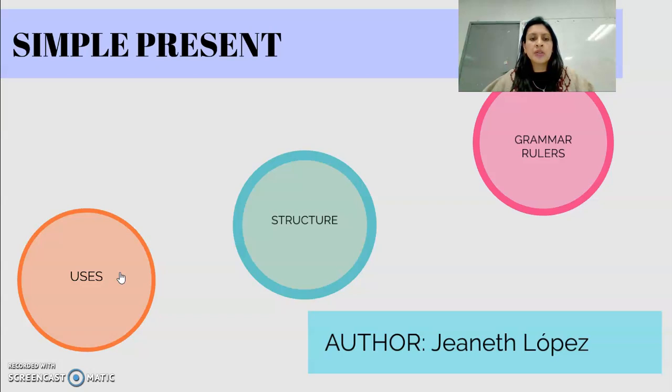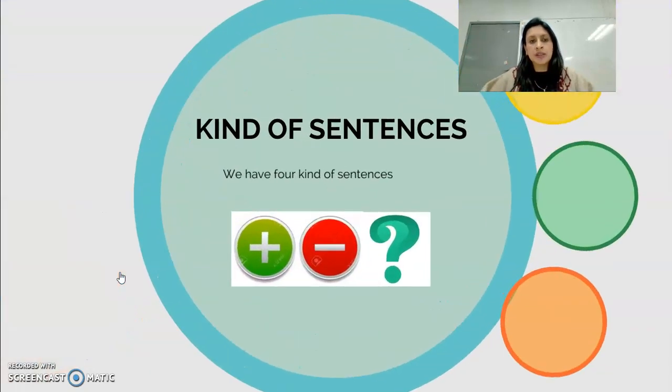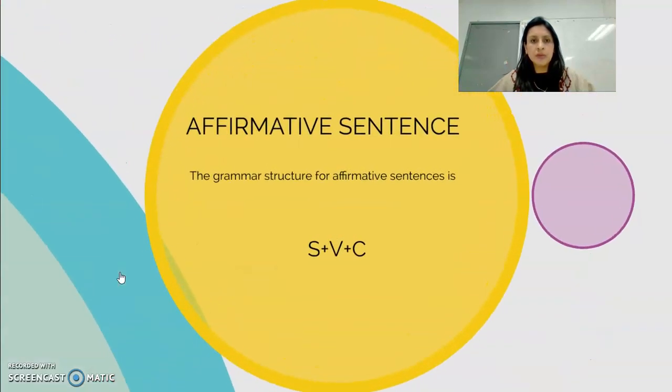Now we are going to teach the structure. How do you make a sentence? First, I have three kinds of sentences in the simple present: the affirmative sentence, negative sentence, and interrogative sentence.